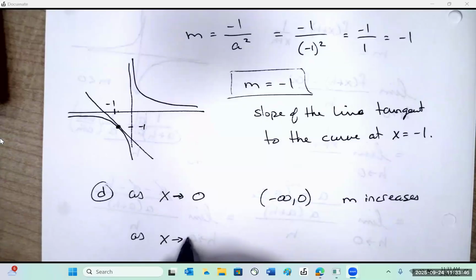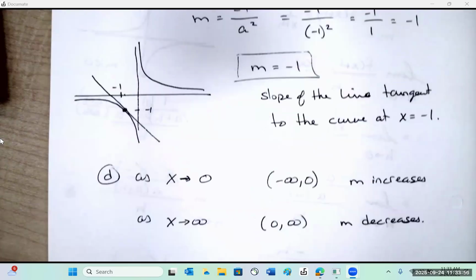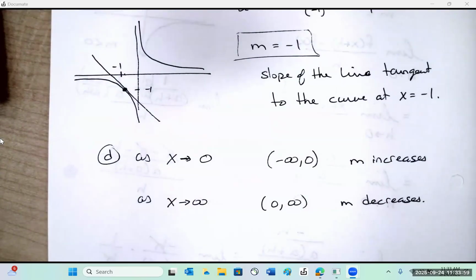As x approaches infinity, on the interval 0 to infinity, the slope decreases in value. It becomes more shallow.